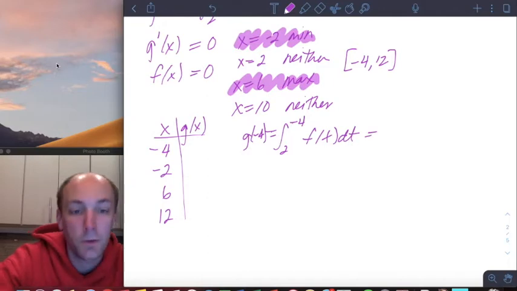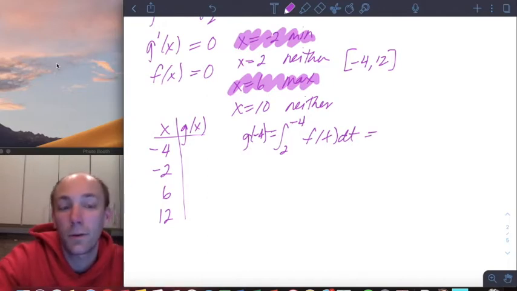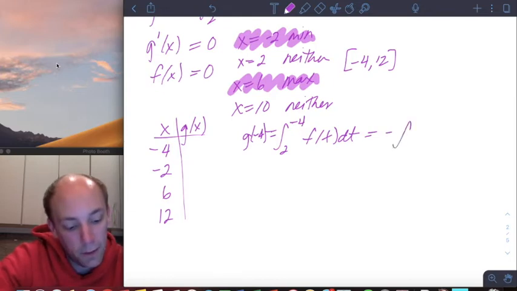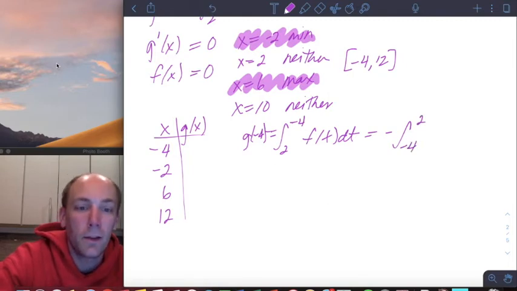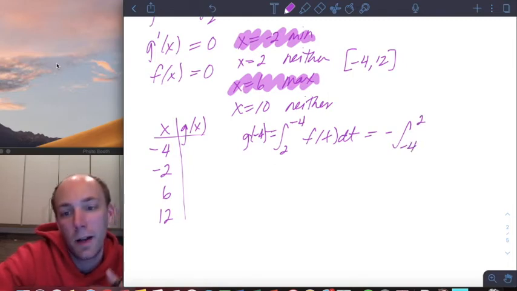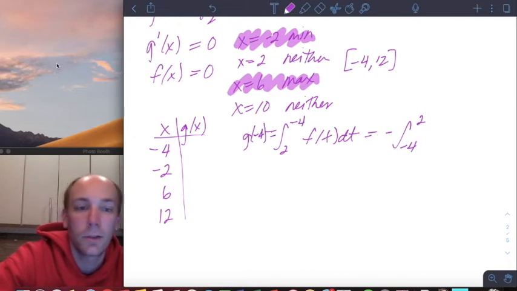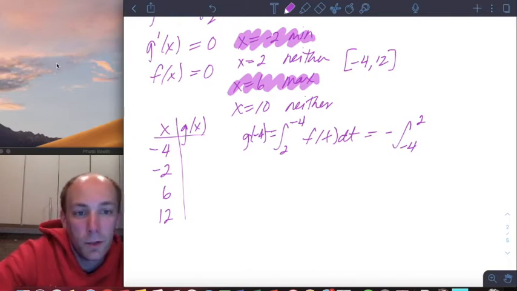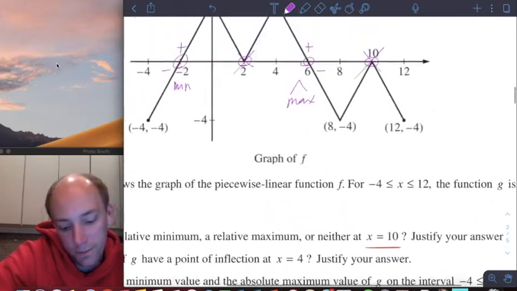So what we need to do is look at the integral from 2 to -4. Now remember, with an integral, the bounds need to always be increasing. So when I flip it, it will make it negative. All right? And this is just my scratch work off to the side. My actual values in the table will be what counts. So for my scratch work here, I'm just going to leave it as the negative integral from -4 to 2, and we're going to go up to the graph here. Okay?